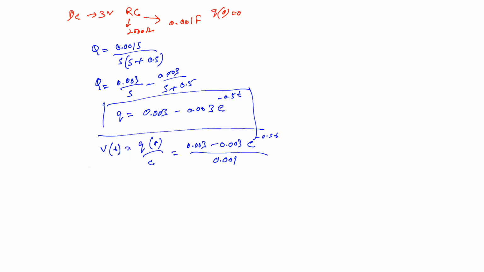Finally we get v(t) as 3 into (1 minus e to the power minus 0.5t).